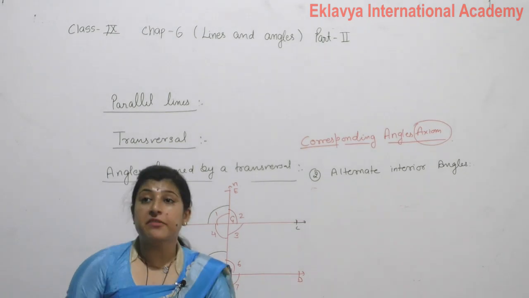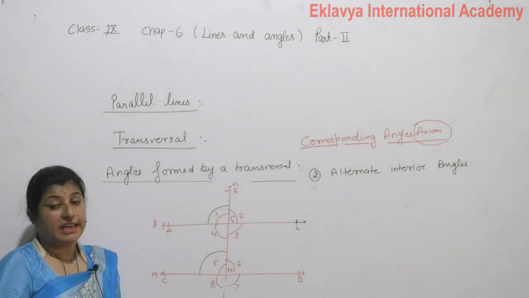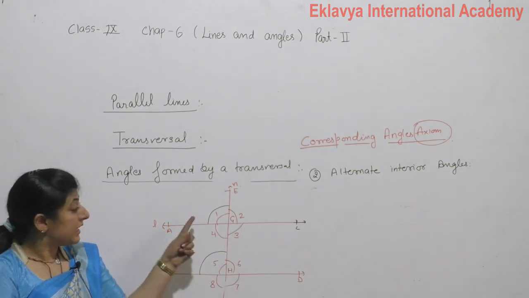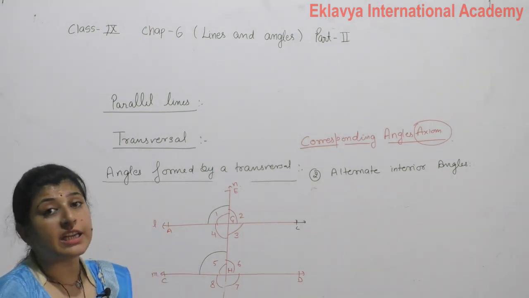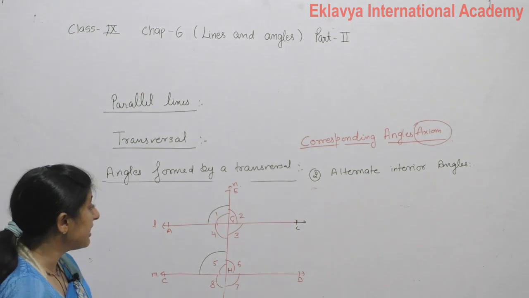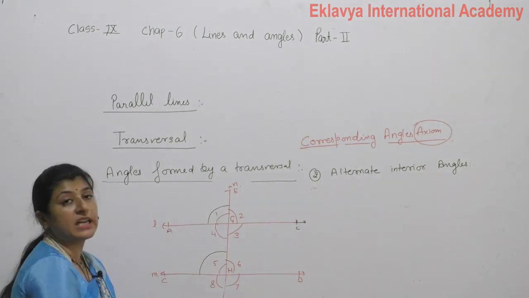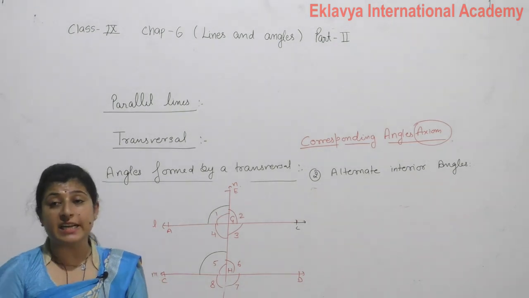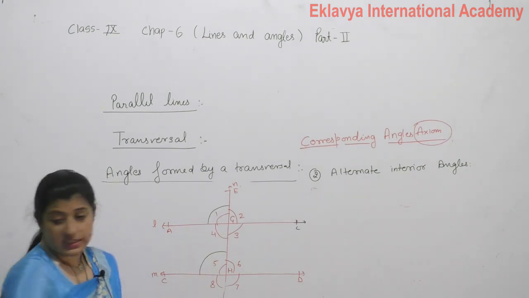When a transversal intersects two parallel lines, then the alternate interior angles are equal. Again, listen: when a transversal intersects two parallel lines, then their alternate interior angles are equal. What are the alternate interior angles?